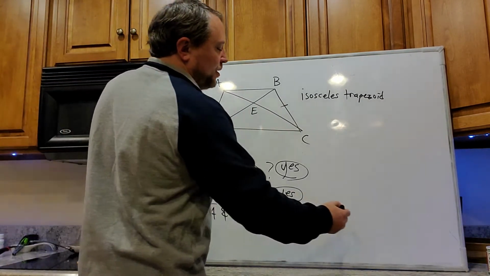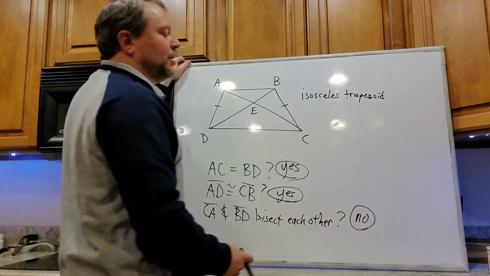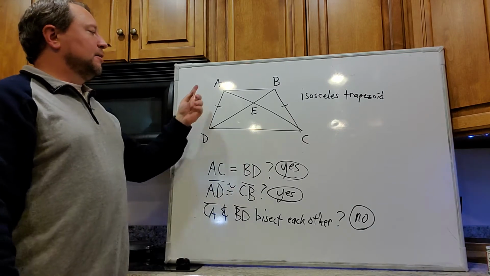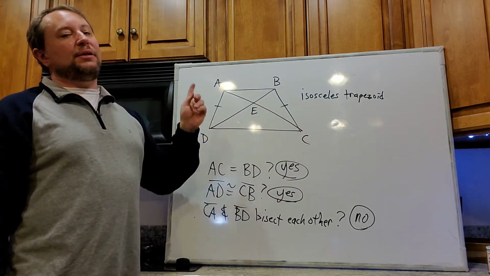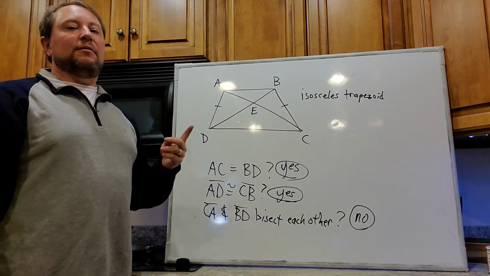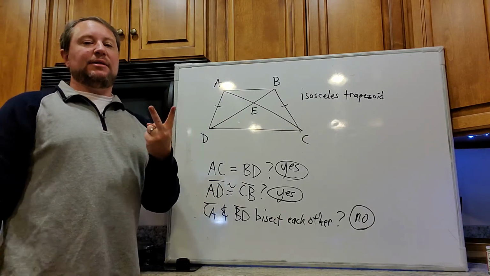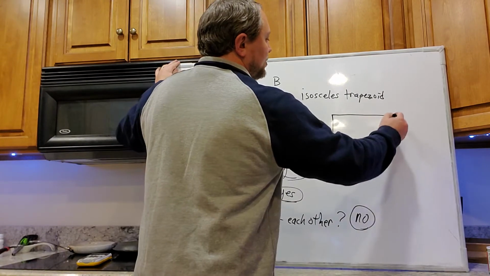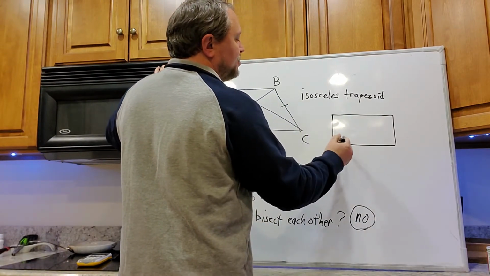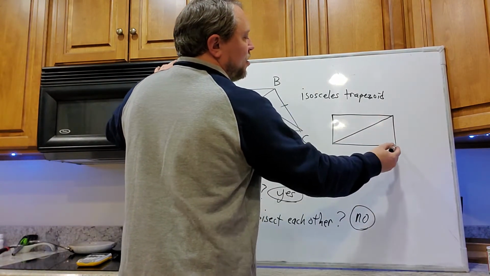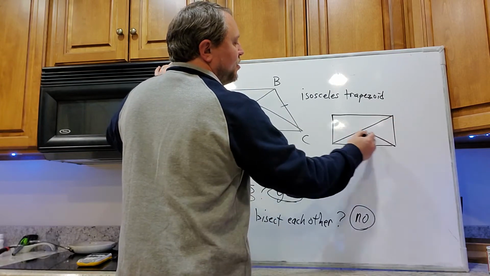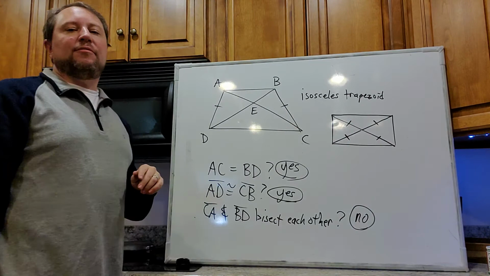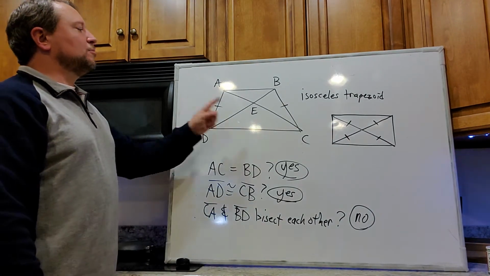You should be able to tell me on this one that our answer was no. Remember, we just got done talking about that. The diagonal lengths are the same length, but they do not bisect. If they were the same length and bisected, then it would be a rectangle. Remember, a rectangle is one of the only quadrilateral shapes where the diagonals' overall length here matches the overall length here, and they cut each other in half. They bisect. This one they do not.